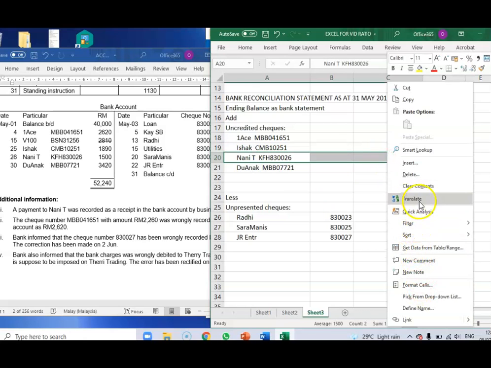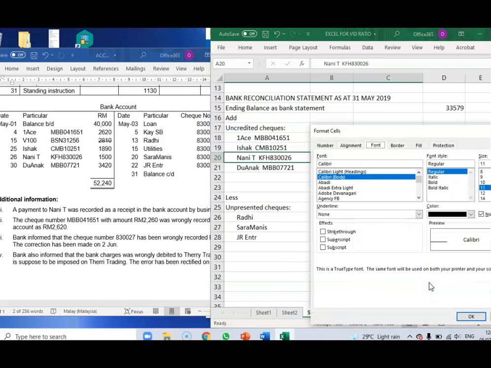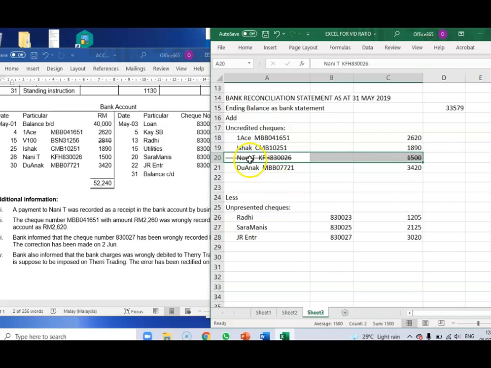Okay, go to format cell and strike through. So you take out this one, Nanity, in the bank reconciliation statement, because in the bank reconciliation statement we adjust the errors that have been made by the bank.